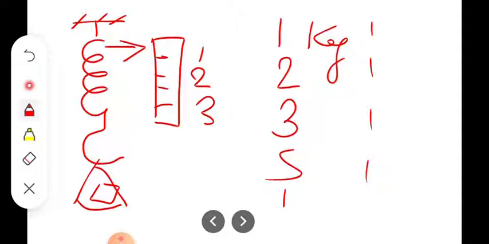By using known weights, we mark each and every point on the measuring scale, so that whatever errors occurred before calibration are eliminated by this process, and we get the exact reading for an unknown weight.